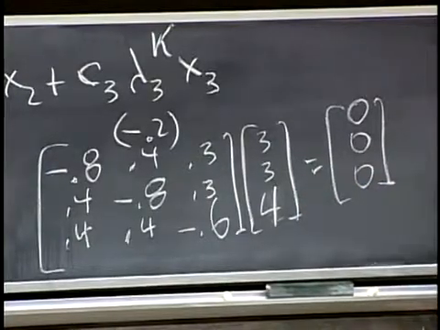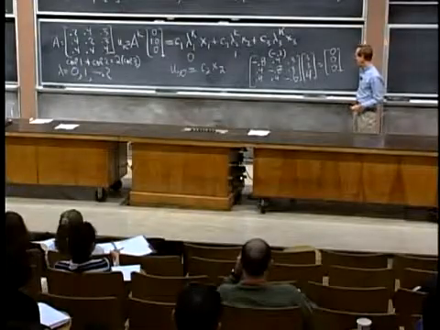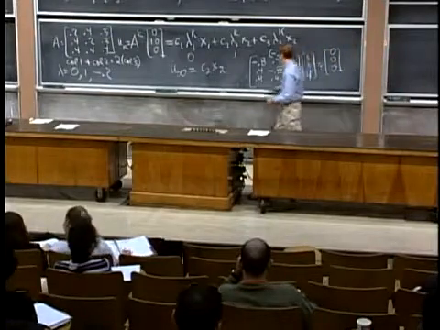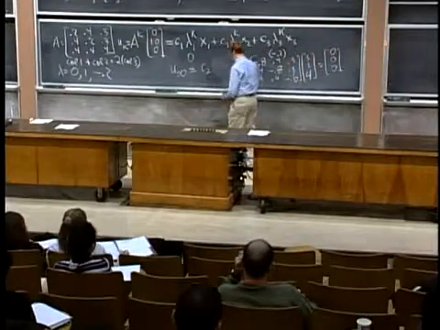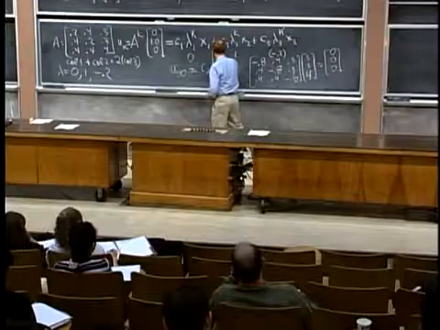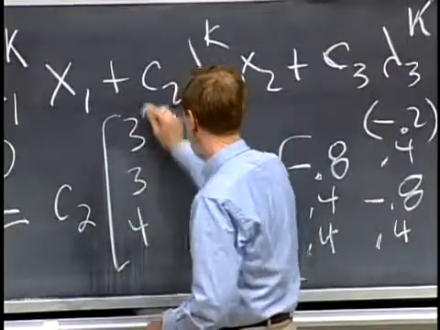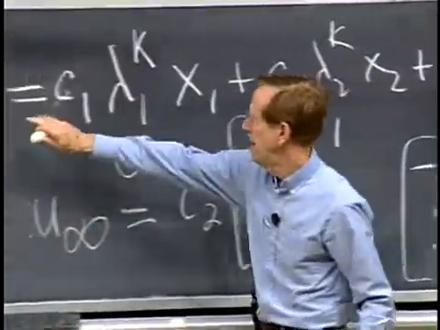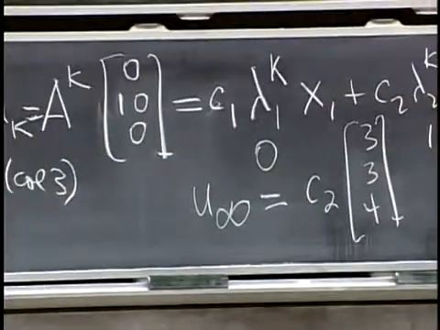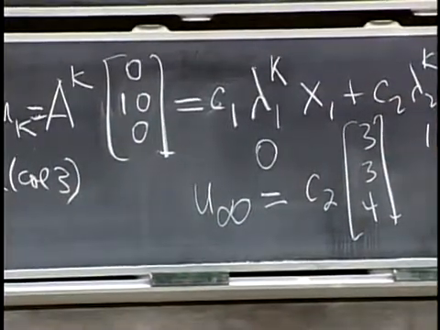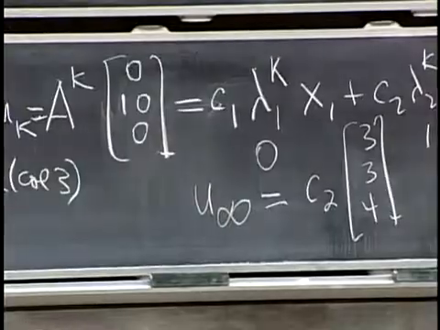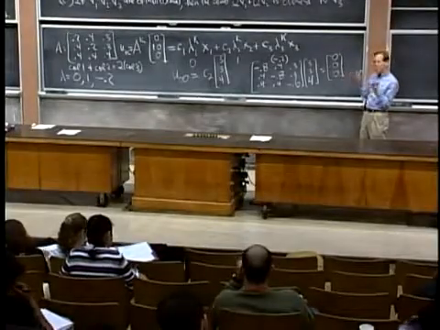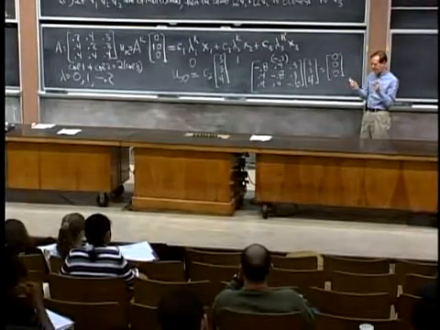And yes. Okay. And so that's x2, 3, 3, 4. And how much of that vector is in the starting vector? Well, we could go through a complicated process, but what's the beauty of Markov things?